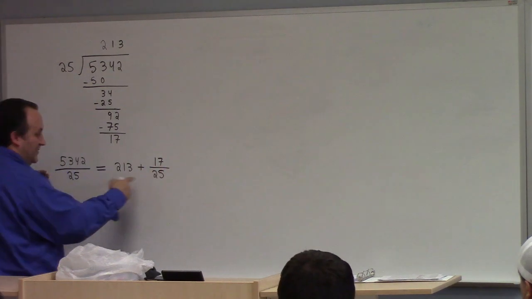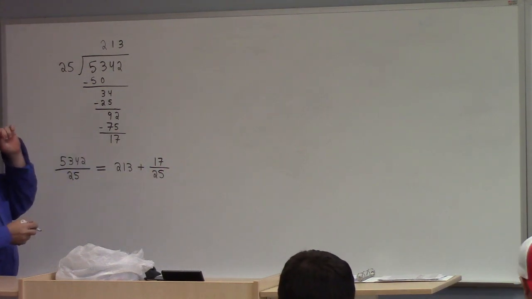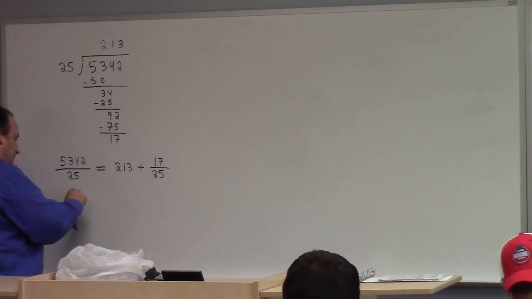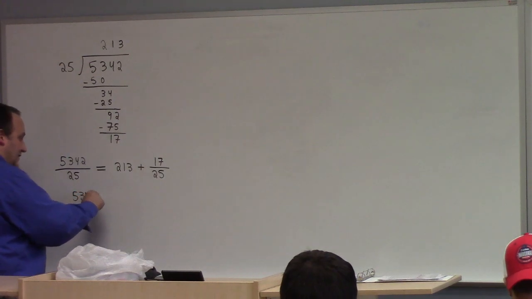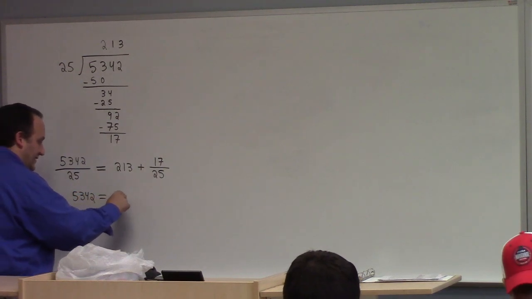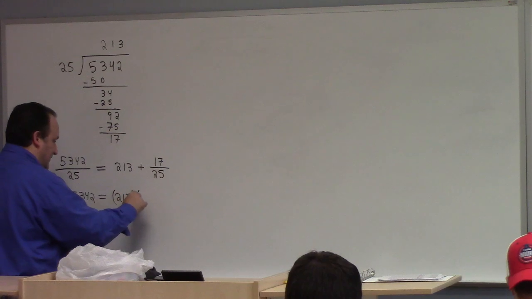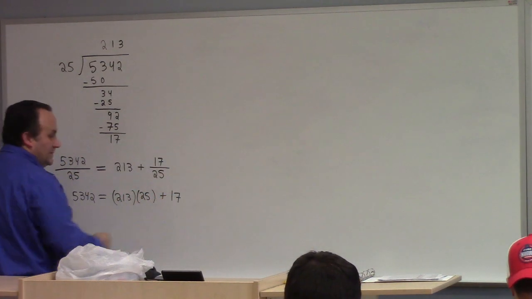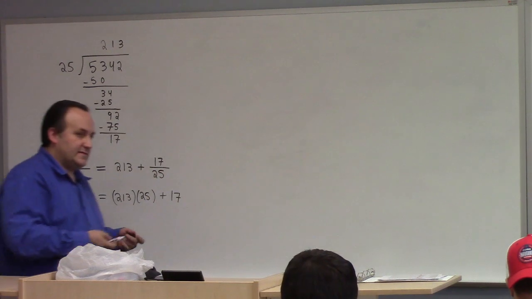That's what this calculation means. Another way to look at it is that this means that 5,342 is equal to 213 times 25 plus 17. That's another way we could look at this calculation.